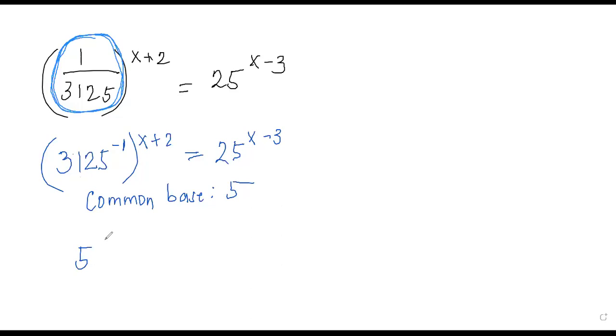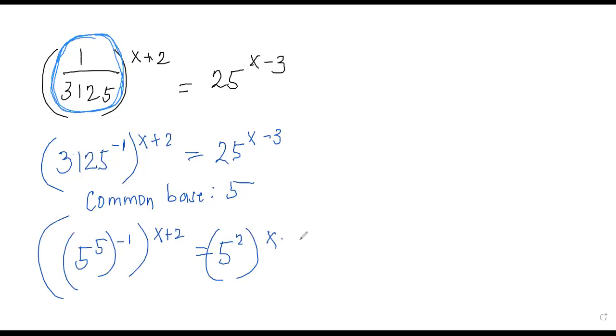Okay, 5 raised to 5. Tapos, class, wag nyo kakalimutan yung mga iba pang exponent. May -1. Tapos, meron pang x plus 2. Okay? Equals, ang 25, of course, 5 squared yan, di ba? X minus 3.